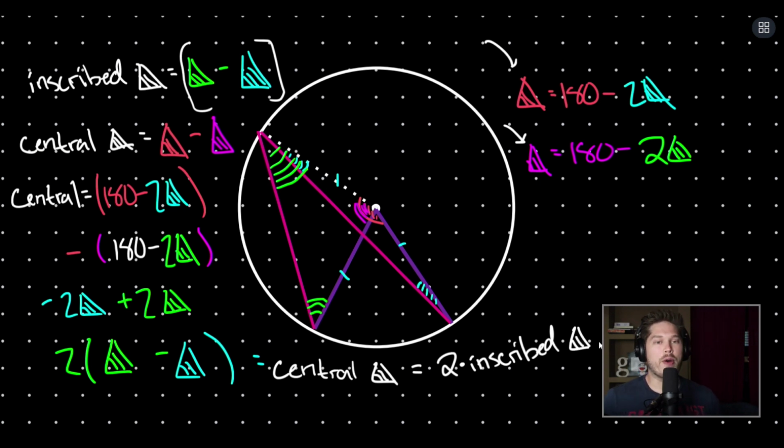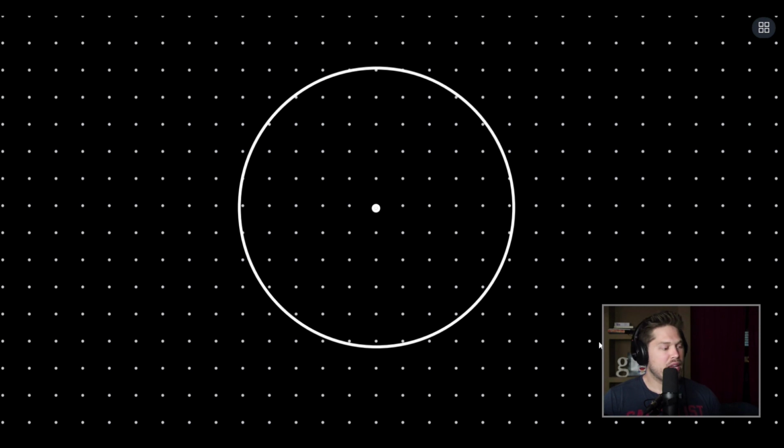Fantastic. So that is where this key relationship comes from. That is our angle at the center theorem, and it simply states that our central angle is double our inscribed angle. Fantastic. Now let's talk a little bit more about that.